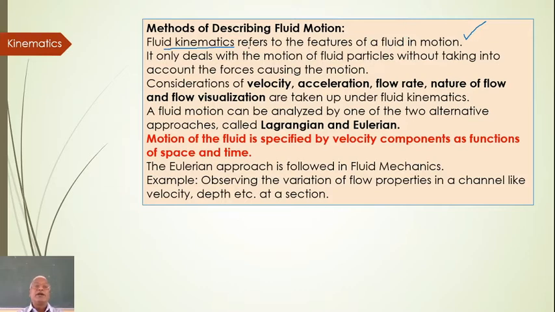So fluid kinematics refers to the features or properties of the fluid in motion. It only deals with the motion of fluid particles without taking into account the forces causing the motion, right? As I have told you, it is the geometry of motion with respect to time. That is what kinematics is.